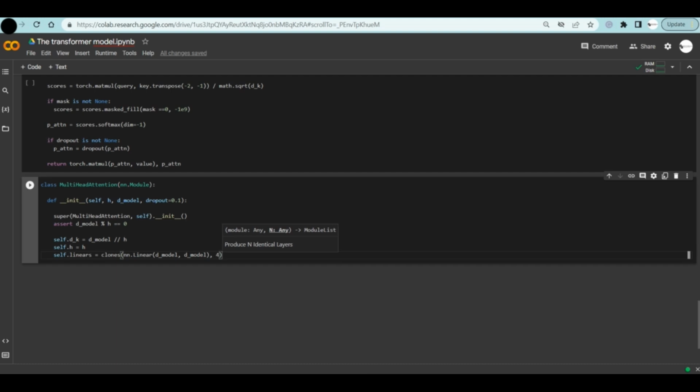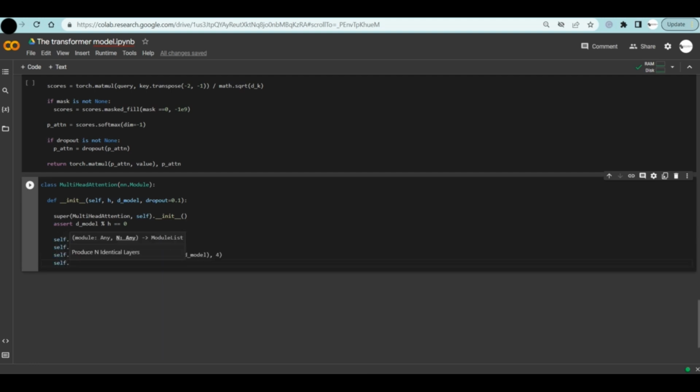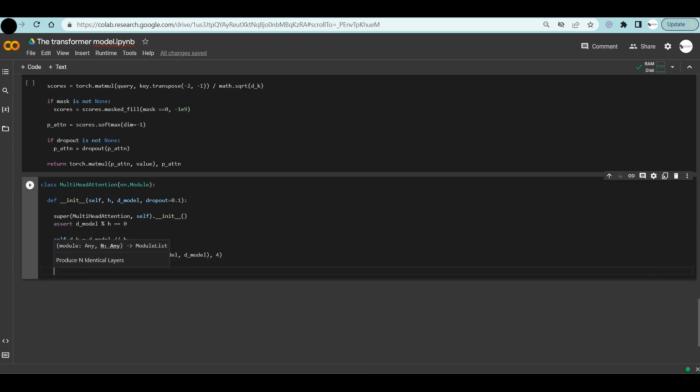So that's what we have there. Then self.attention equals None. Then we have self.dropout to regularize. We're going to say nn.Dropout with p equal to dropout.